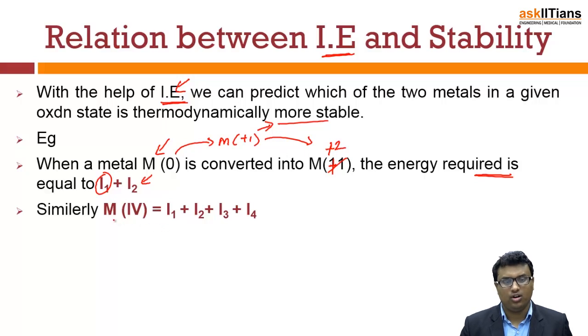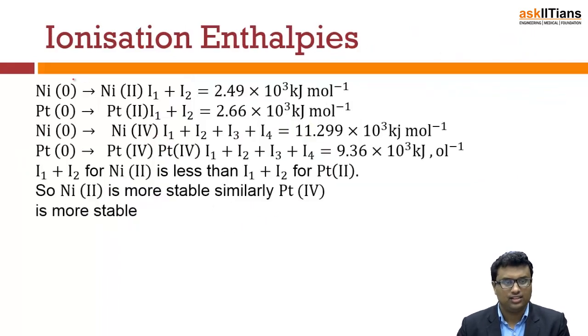If you want to have plus 4 oxidation state, that means you have to remove 4 electrons. The total energy is I1 plus I2 plus I3 plus I4. You can see here, nickel's I1 plus I2 is given, and platinum's I1 plus I2 is given.